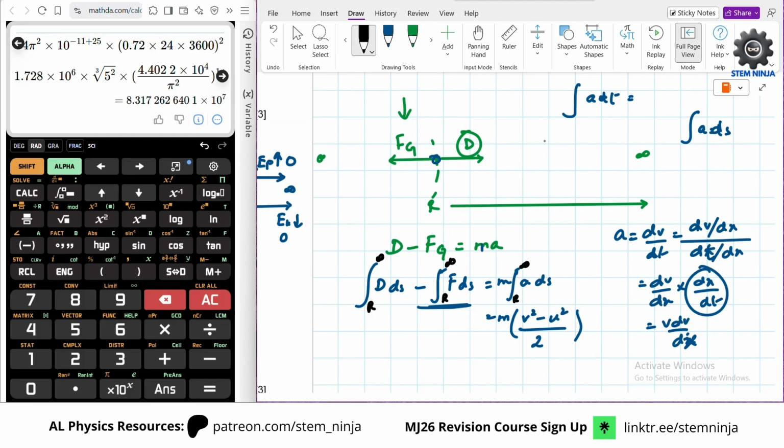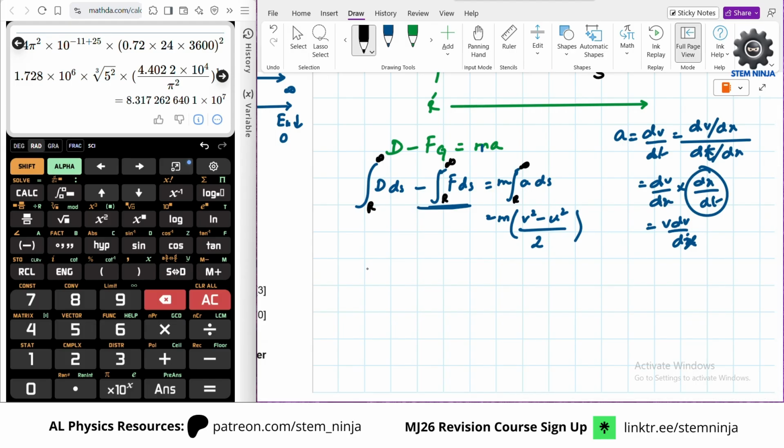But when it goes on the other side, we can simply take it as GMm over s squared ds. This represents the net work required. Let's integrate this over here.